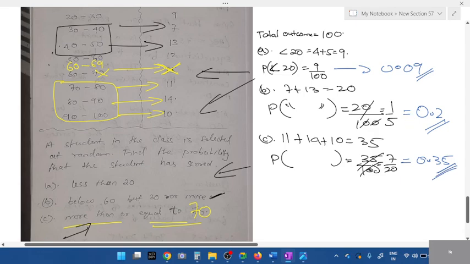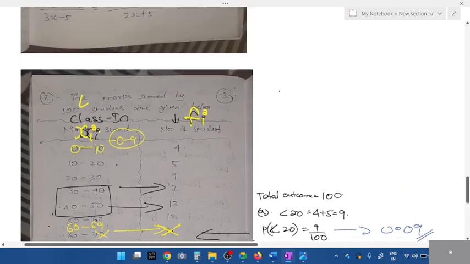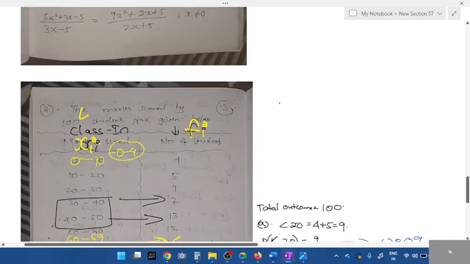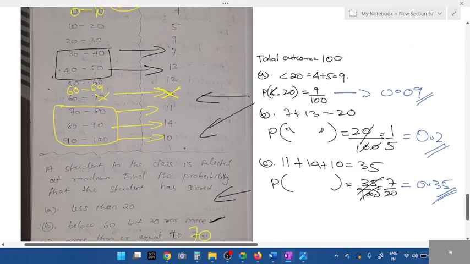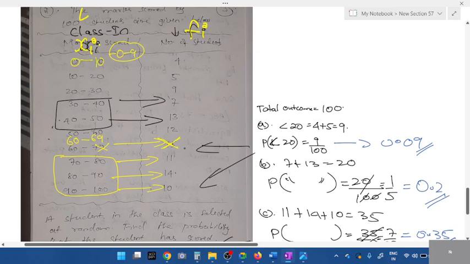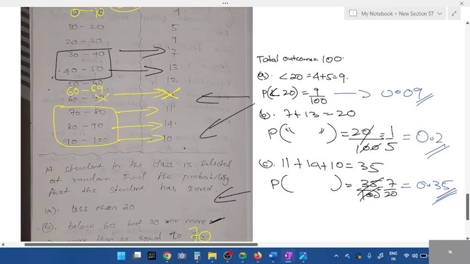These are the probabilities. And what they've asked here, wait, let me check. We'll read the question. The marks scored by 100 students are given. A student in the class is selected at random. Find the probability that the student has scored less than 20.